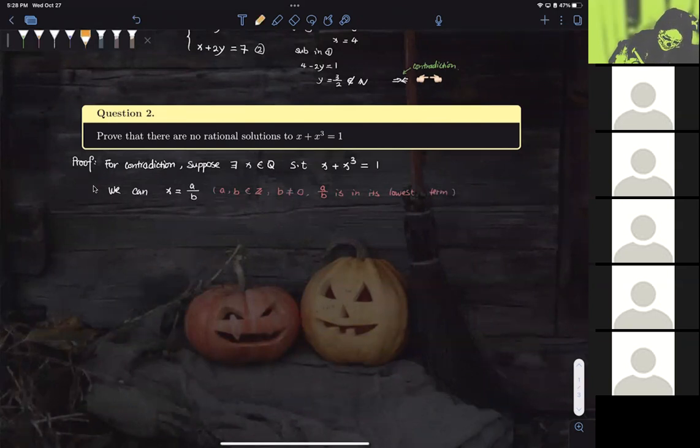This is the same as saying a, b are relatively prime. Or if you've heard of greatest common divisor, you can also say that GCD(a, b) equals 1. All three are equivalent, so you can use either of them as long as you know what's going on. So that's what you need to assume.